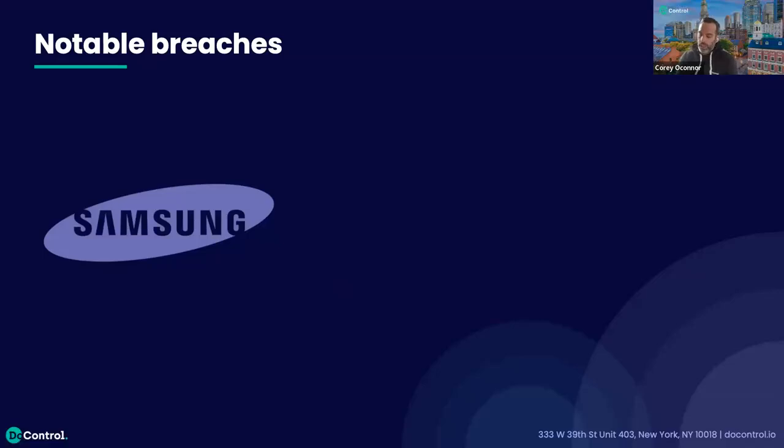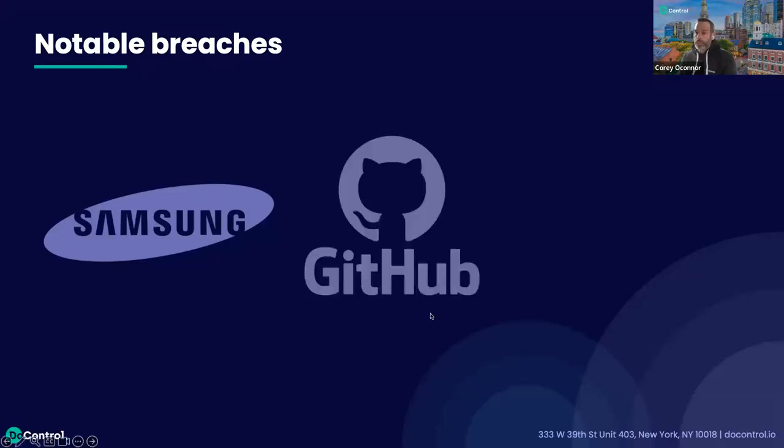So again, you can see attackers here are looking for those credentials within Samsung to use as a leverage point. In April of 2022, GitHub was breached. An attacker had abused stolen OAuth tokens to download data from dozens of GitHub's customers.